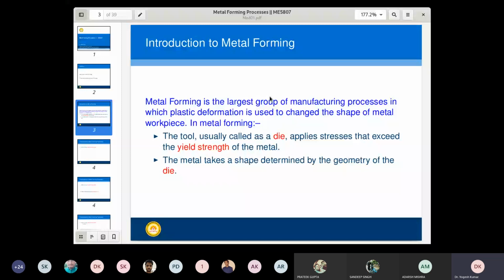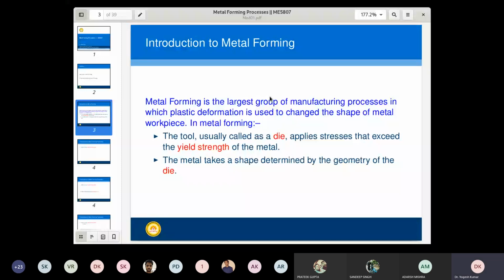Therefore, it is a process of changing the shape and size of material under the influence of external forces. So in metal forming processes, we are applying a certain external force on a metal block, and it is converted into a desired shape and size.